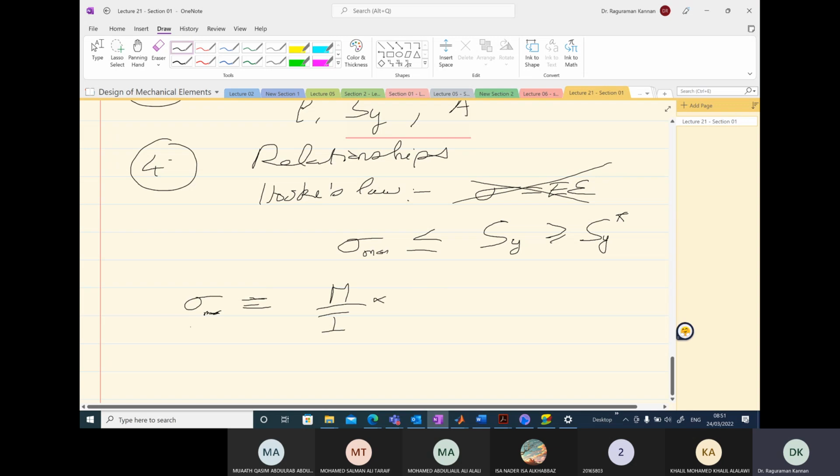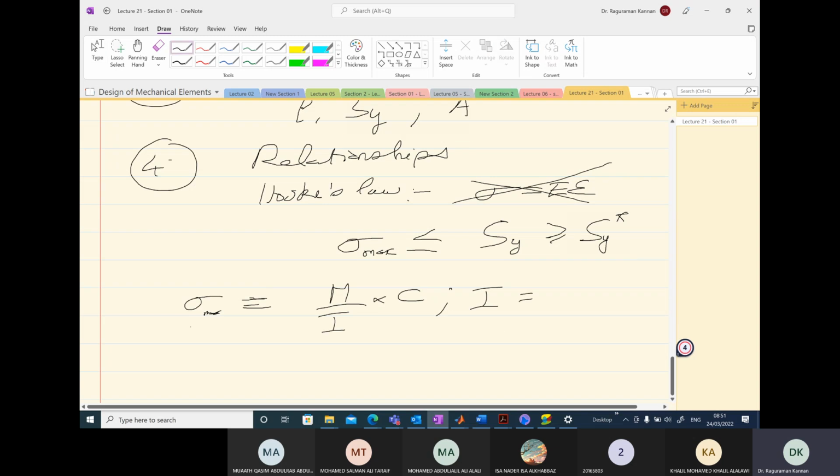Rather, we should write it as the maximum stress, M by I times some C, depending upon the cross section. Here we have assumed a circular cross section. So you need to think through what kind of formulas to use. For beam stresses, this is the formula.